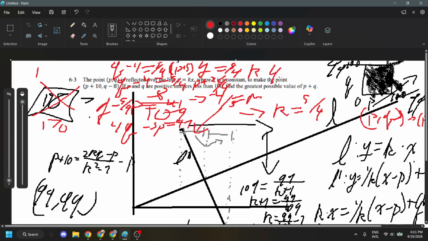So mod 5, the differences go 4, 3, 2, 1, 0. So we're looking for this 1, so it's going to be, what can I do here? 4q, this 41 is 4 times 5 times 2 plus 1.